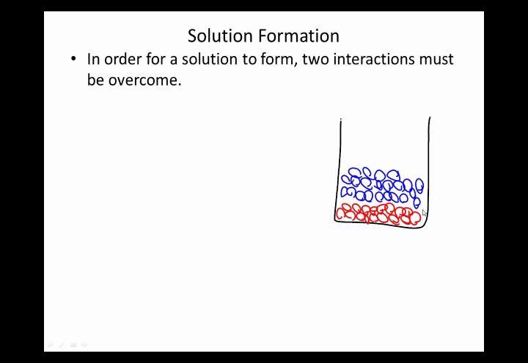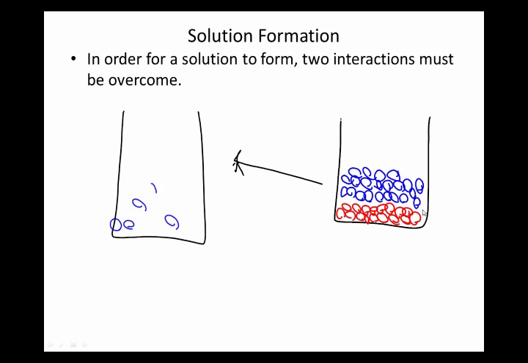In order for the solute to dissolve in the solvent, what has to happen? We're trying to get from there to here, where we have solvent mixed all in and solute mixed all in.